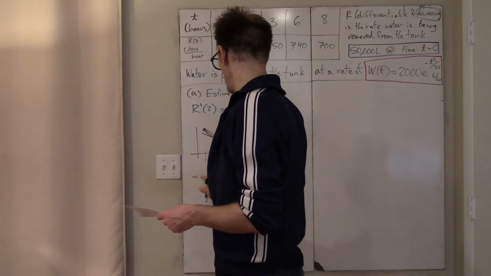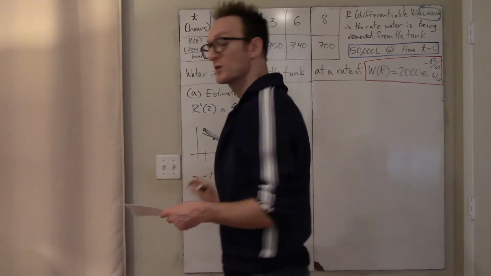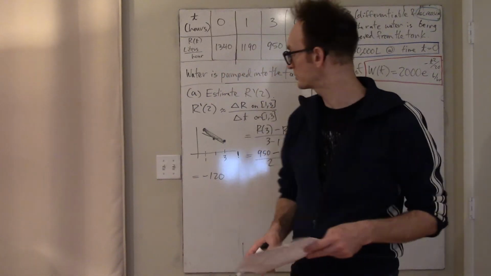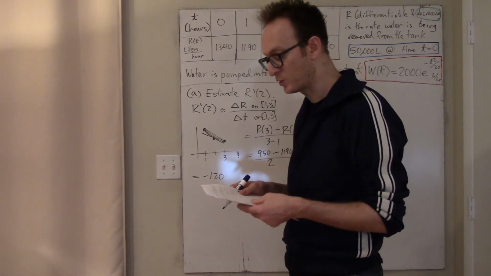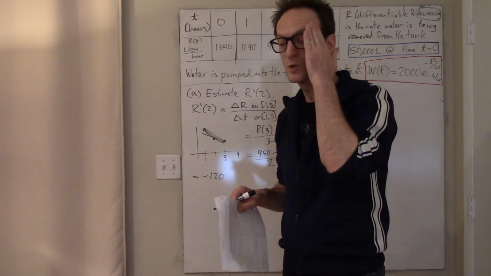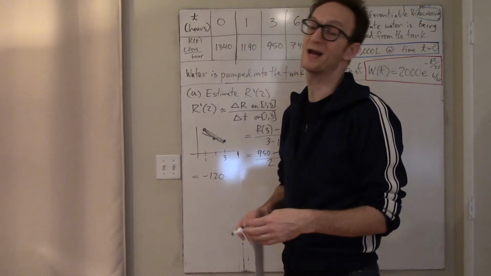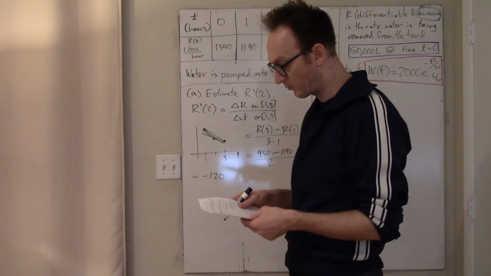Notice how in this problem, unlike the first page, they don't ask you to explain in words what this derivative is, but they do ask you to give the units. So if you give the units, it shows that you have some kind of idea what's going on. And what are the units?